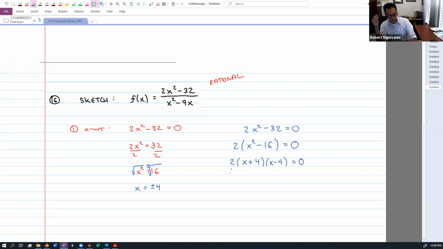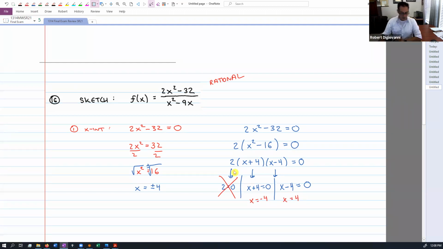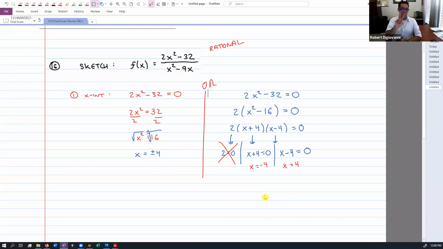Now you set each of these equal to 0. 2 equals 0, x plus 4 equals 0, and x minus 4 equals 0. The first one, 2 is never equal to 0, so you don't worry about that. These two give you the answers -4 and +4, which are the same 2 answers you get here. So you have choices. You can do it this way or this way. So we have 2 X-intercepts.